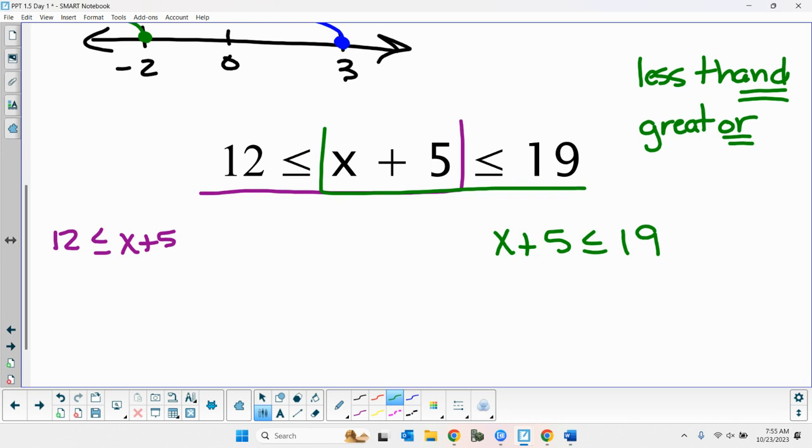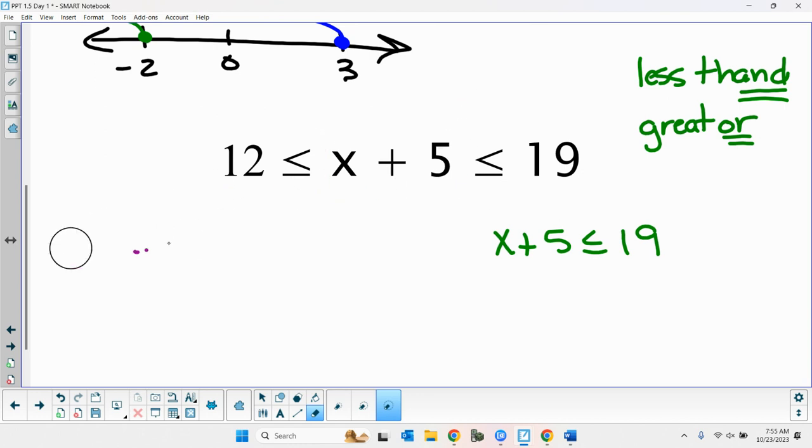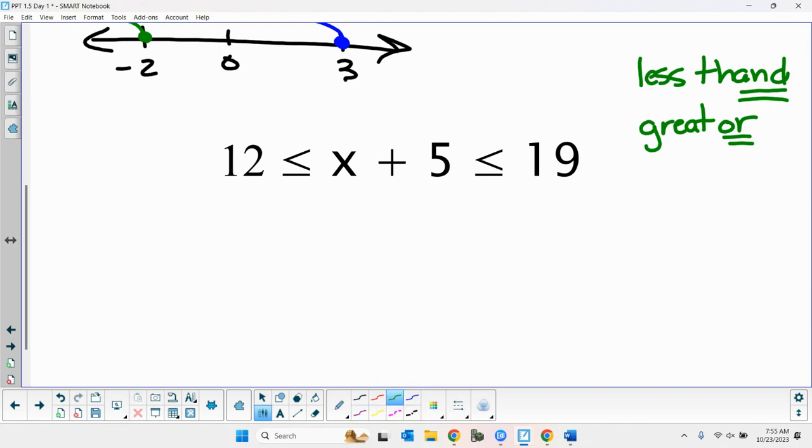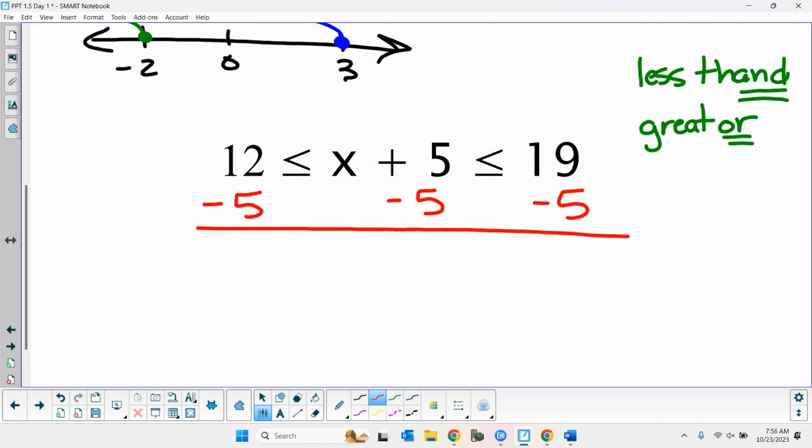You could also do this. You don't have to write them separately. If you want to get this x alone, you're going to subtract 5. You're used to doing whatever you do to one side, you do to the other. Well, if you're doing it to the middle, you also have to do it to both ends. So you could just keep it like that if you want.